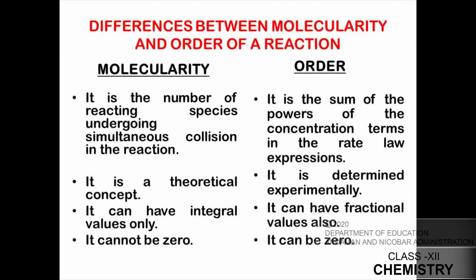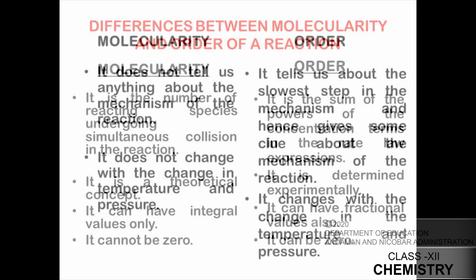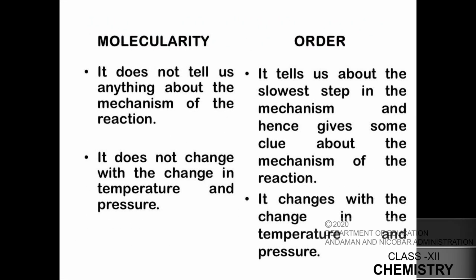Molecularity cannot be zero, whereas the order can be zero. Molecularity does not tell us anything about the mechanism of the reaction, whereas the order of the reaction tells us about the slowest step in the mechanism and hence gives us some clue about the mechanism.